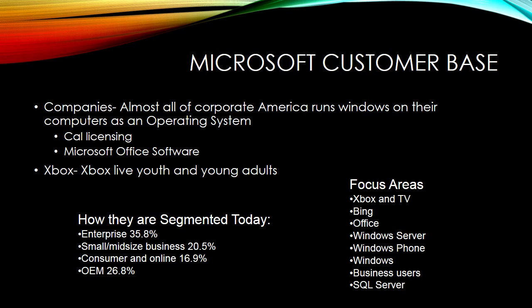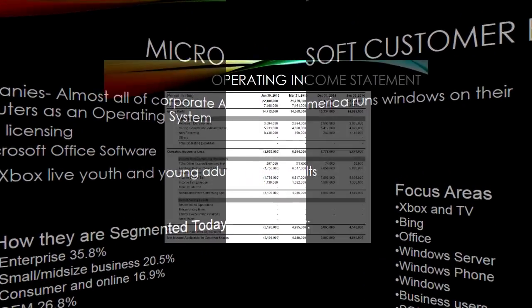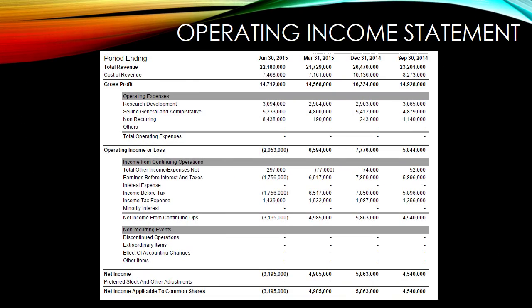So we'll go to the next slide, and what does Microsoft's operating income statement look like? This we pulled off of Yahoo Finance, and as of, well, let's go June 30th, their total revenue is $22 million. Their gross profit, $14,000.